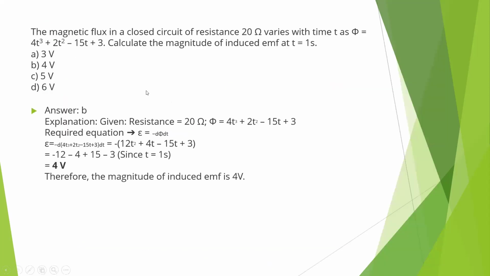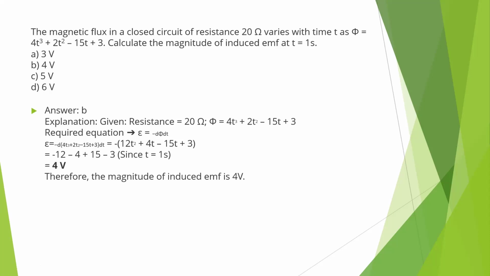The next question: magnetic flux in a closed circuit of resistance 20 ohm varies with time t as phi is equal to 4t cube plus 2t square minus 15t plus 3. Calculate the magnitude of induced EMF at t equal to 1 second.